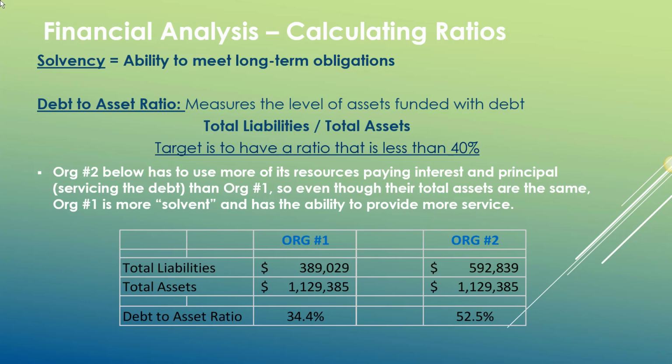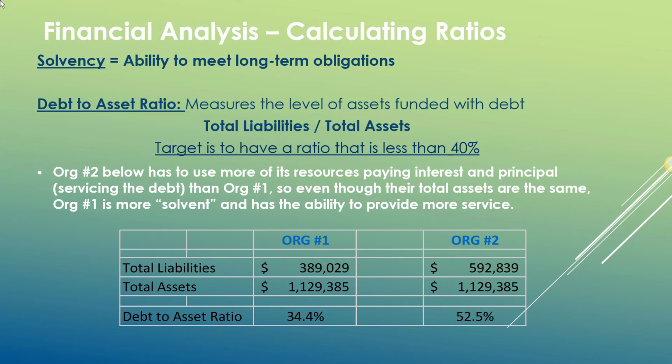So in the example below, even though both organizations have the same total assets, you'll see that their total liabilities are completely different. Organization number one has a debt-to-asset ratio of 34.4%. So it's below that target of having less than 40%.